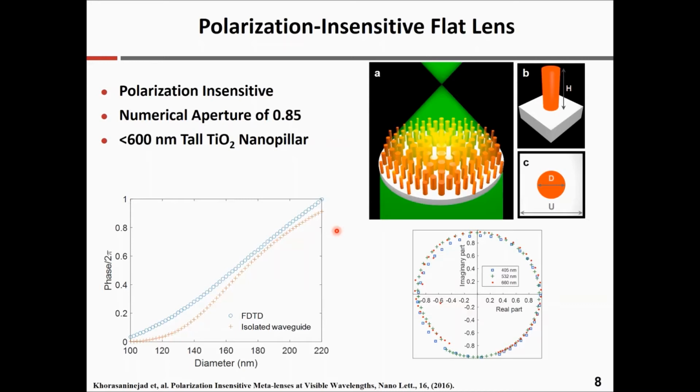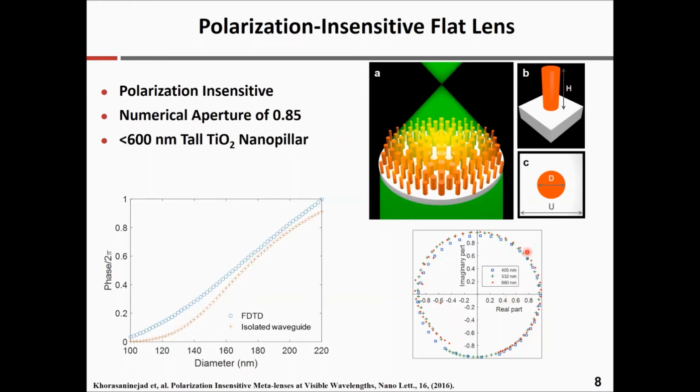So we designed 3 different lenses at 405, 532, and 660 nanometers. In the figure on the right below, you can see each of these points corresponds to a nanopillar with a certain diameter for 3 different designs. So it's a complex value of the amplitude.